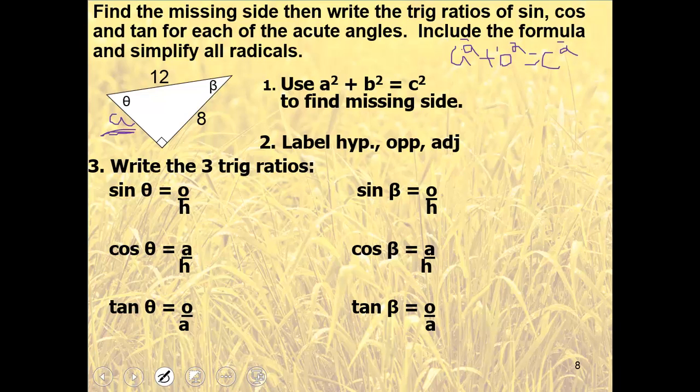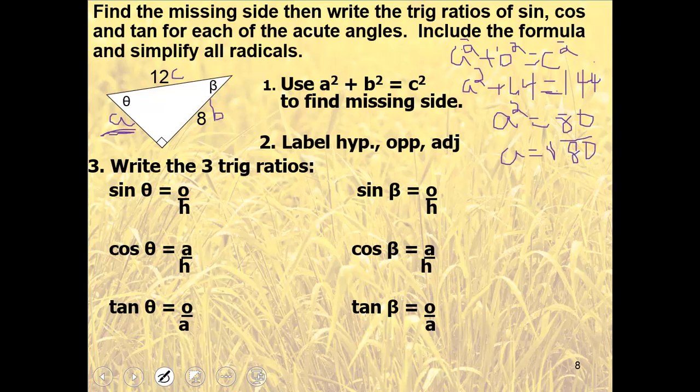A we don't know, so we have A squared plus B squared, which is 64, is equal to C squared, this is C, 144. Now I have to solve for A squared, and I'm going to get 80. And now I have to simplify that radical. And I'm going to divide both sides by 5.